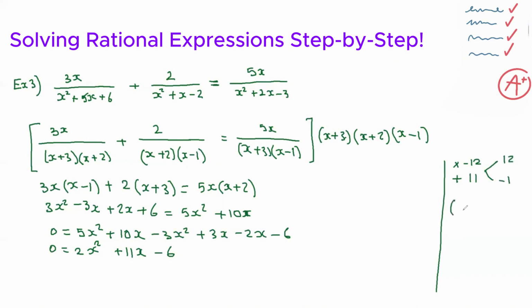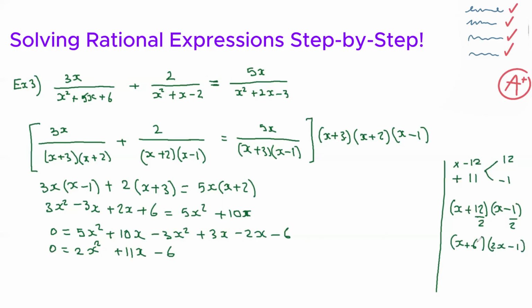So this will factor into x + 12 and x - 1, not completed because we have a 2 right here. So always divide those numbers by the leading coefficient, and I'll have x + 6. And then this doesn't divide, so I'm just going to push the 2 in front of the x there, minus 1. And that's how this factors.